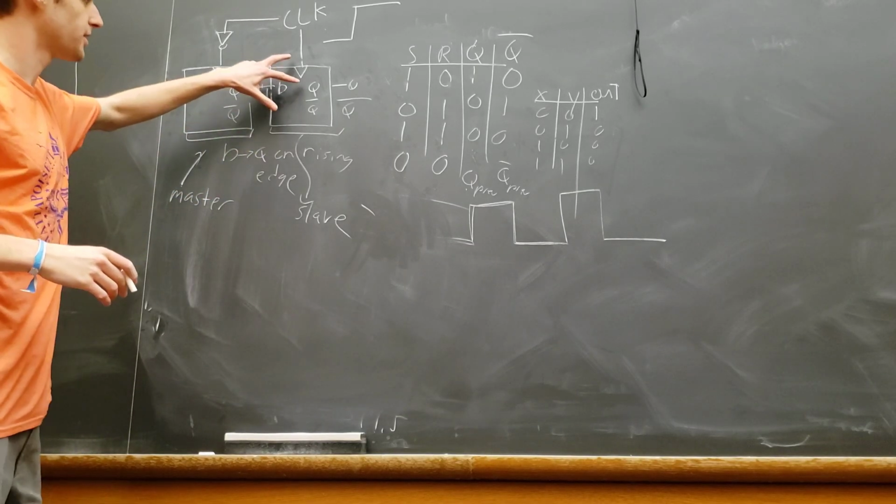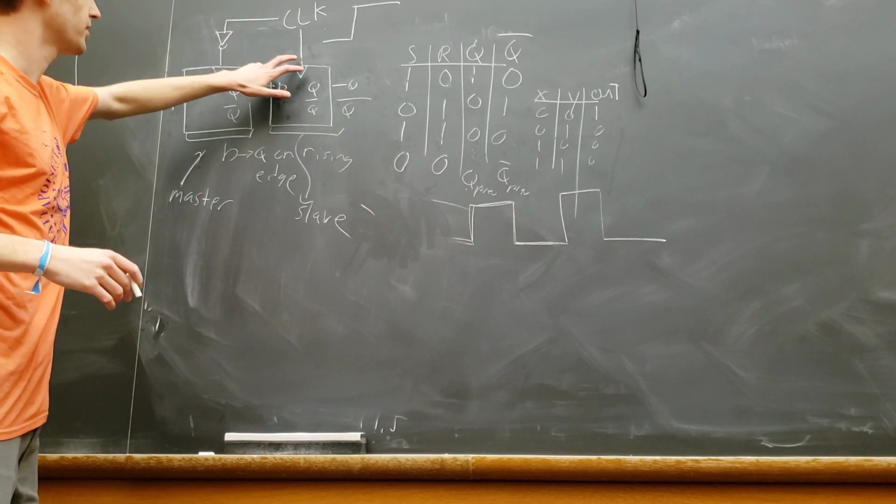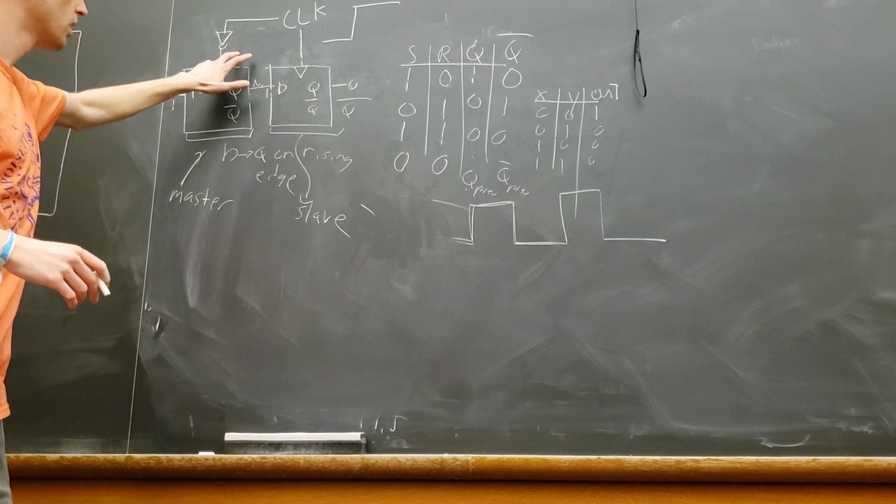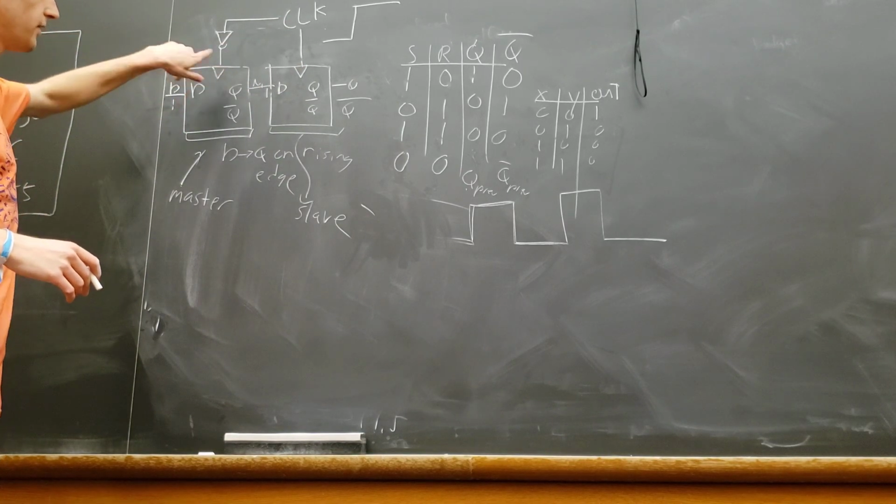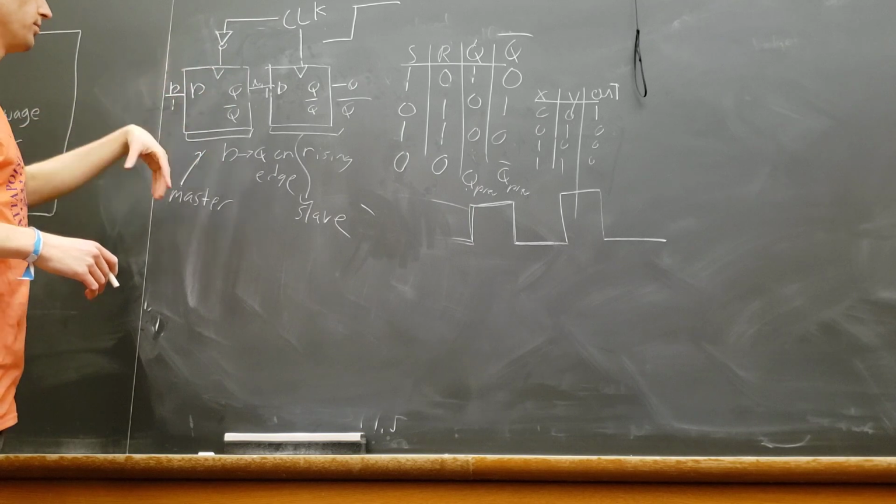And so this is a 1, and since this is a 1, this is a 0, which means that these just have the same values because you're not changing anything there.